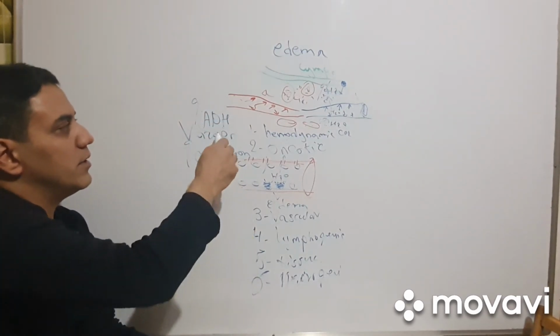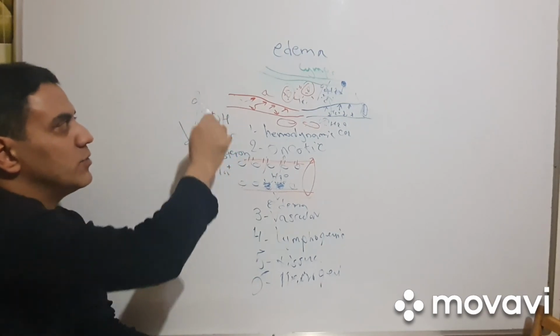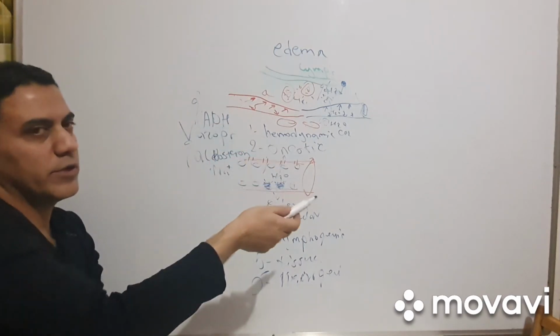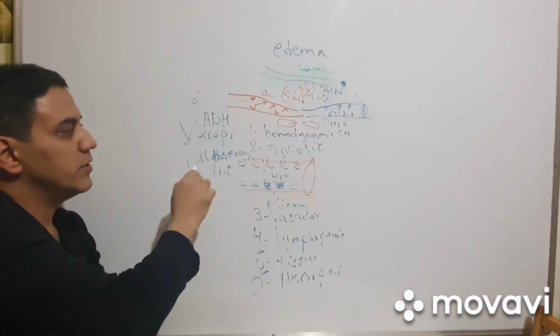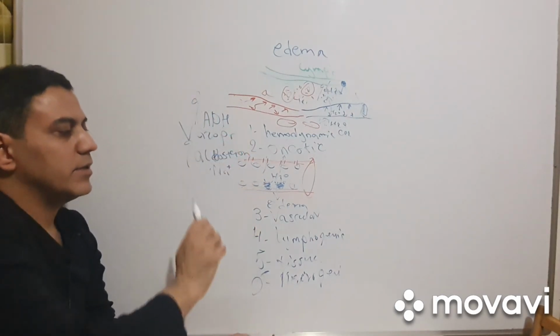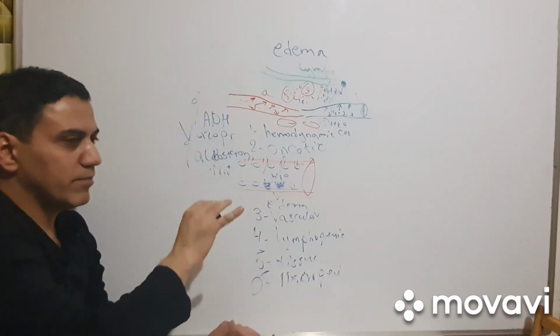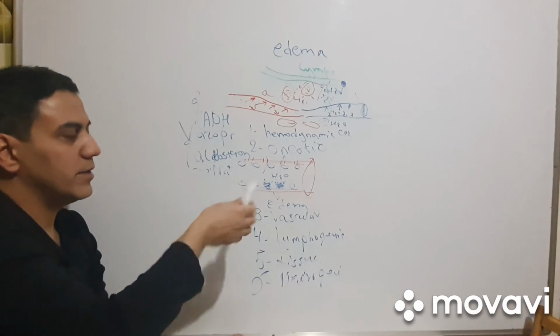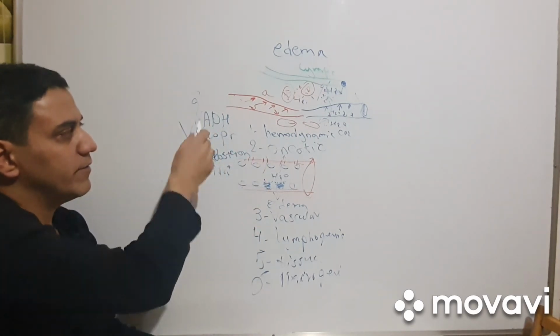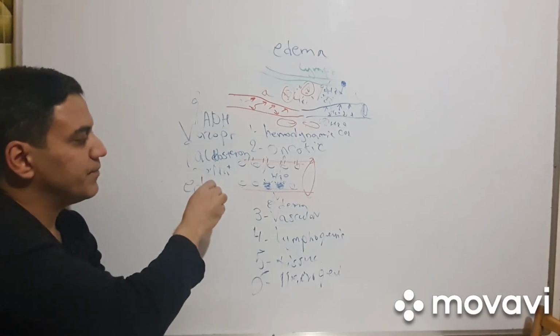If we have high ADH, the water will be accumulated in the body because it retains water normally. If aldosterone is high, sodium will be retained in the body, and it will keep water. And both or either can lead to edema.